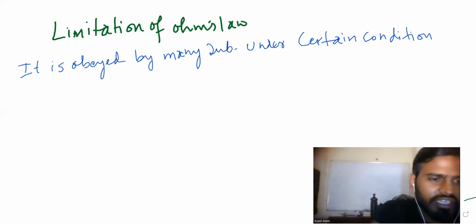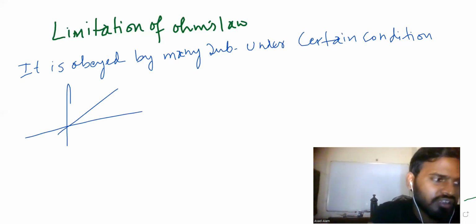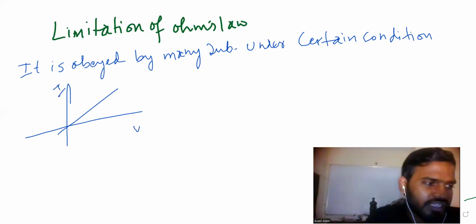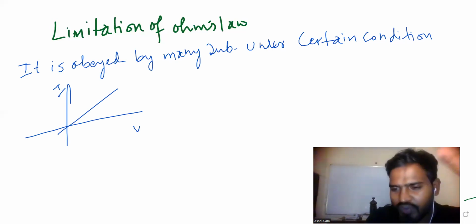For a conductor, if you take a pure conductor or pure metal, an ohmic conductor, the I and V graph will be like this. For non-ohmic, we define ohmic and non-ohmic conductors.